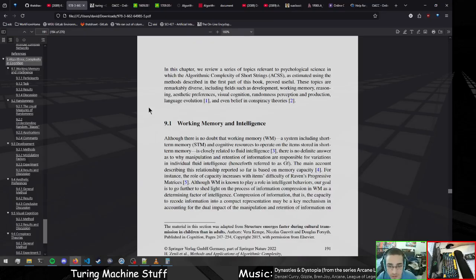Algorithmic complexity of short strings.